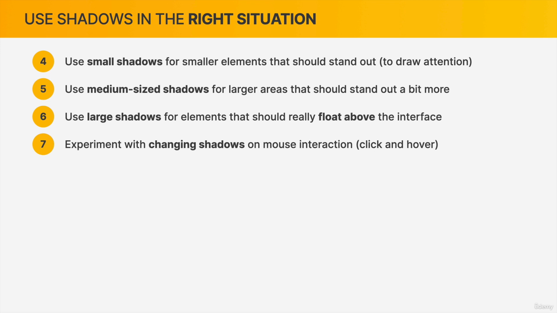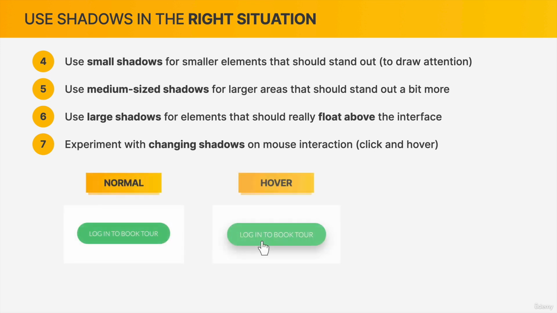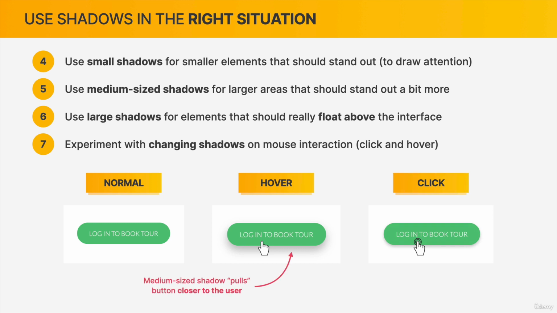For example, on mouse interactions like click and hover. That's actually a very nice example where the normal state doesn't have any shadow at all. Then as we hover over the button, we can add a medium-sized shadow, which will create the effect of the button being pulled closer to the user, so towards the user as they hover with the mouse over the button.